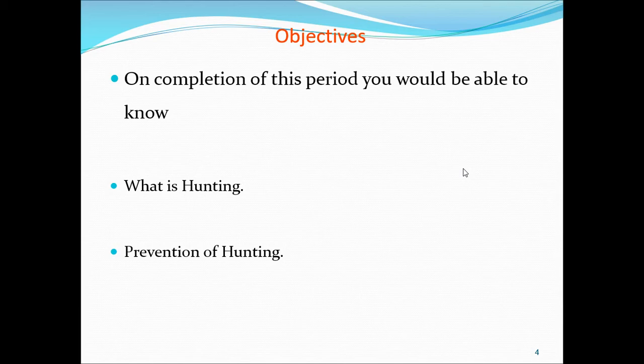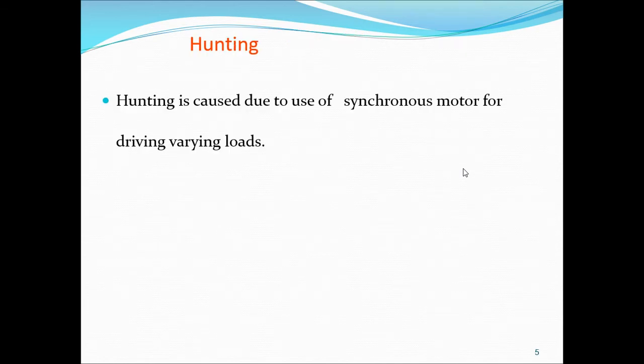Then what happens? When the load is increased or decreased suddenly, the coupling angle alpha changes. The difference between the axis of the rotor and the axis of the stator poles is called the load angle or coupling angle alpha. So this alpha value also changes when the load increases or decreases.